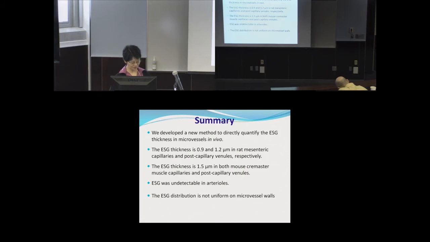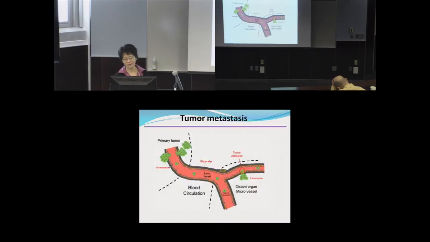You see there's a significant amount of surface glycocalyx in the capillary and the postcapillary venule of rat mesentery and mouse cremaster muscle. Okay, now this is the second part you're interested in: tumor metastasis. I think probably everybody in this room knows the cascade of tumor metastasis.